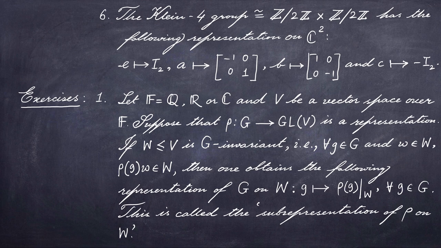When the groups are abelian, it's customary to say direct sum instead of direct product, but we'll come to that later. So the Klein-4 group has this following representation, and thus if we wish, from now on we can simply consider the Klein-4 group as this following group of concrete matrices.